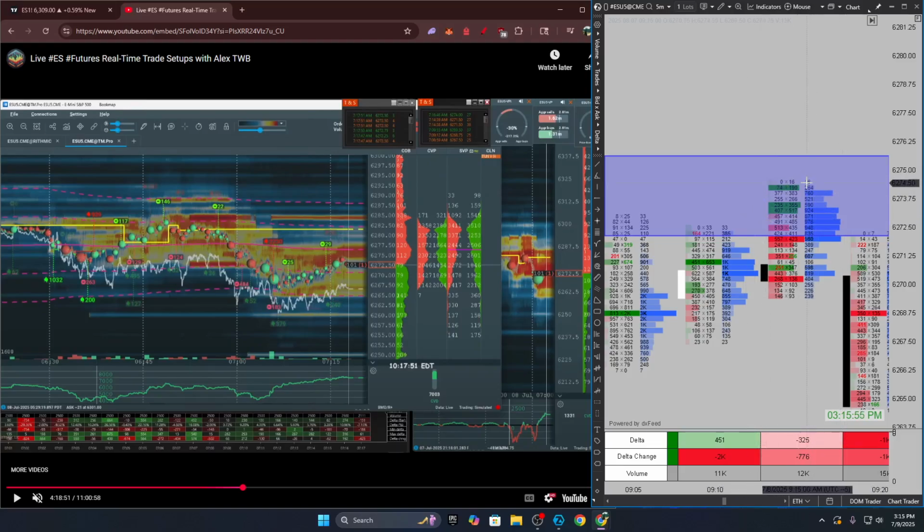This is showing us that buyers were trying to come in near the top, but were unable to continue to push price higher. And because there's such defense from selling at this area, passive selling, the aggressive sellers were able to come in, and you can see that aggressive selling here on the footprint as well.